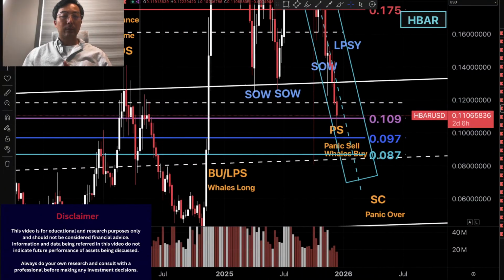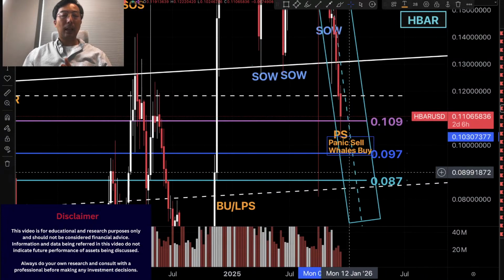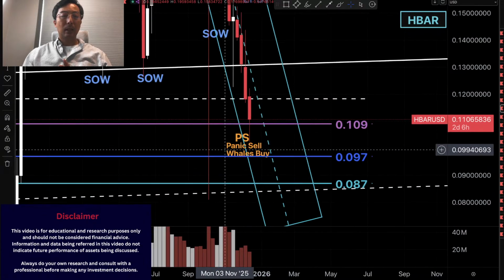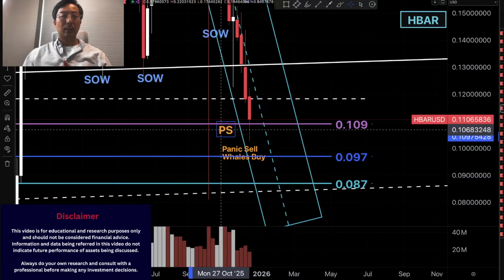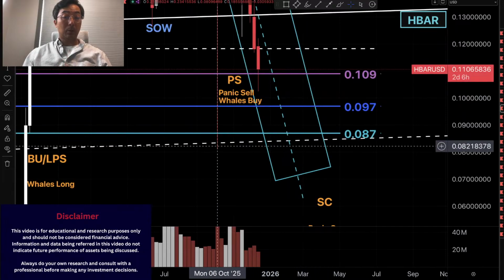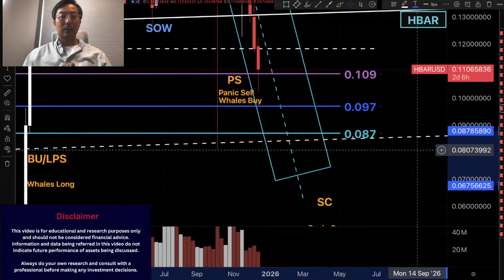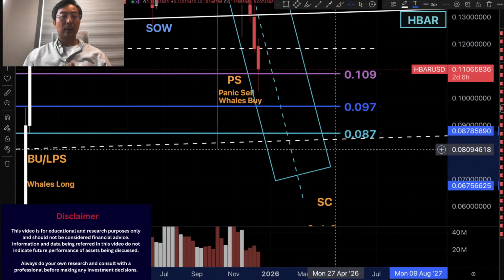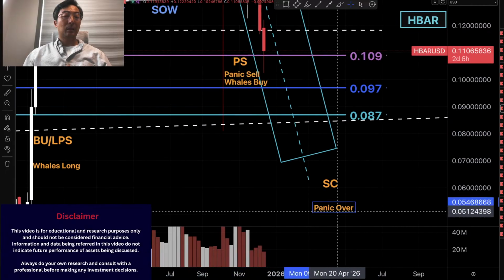So if for this cycle the selling climax is to end at around those blue key levels, which can be possible because October 10th went just to somewhere around this center line, this white dashed line, and the light blue key level of 0.087 is close enough.